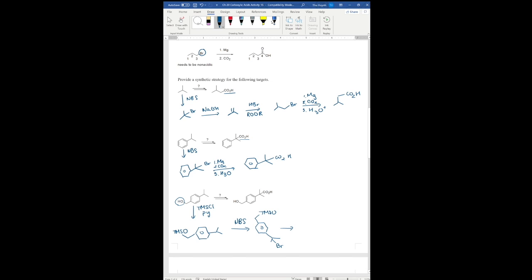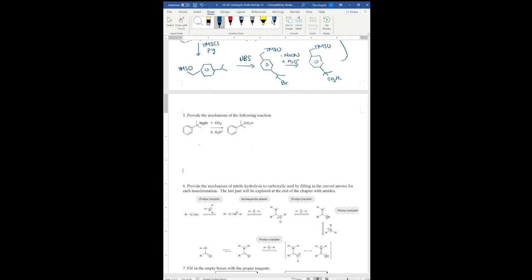Then use any of the two reactions that we have covered earlier, and this should give you the structure. And from here, we can deprotect the alcohol group to give rise to the final product with TBAF.